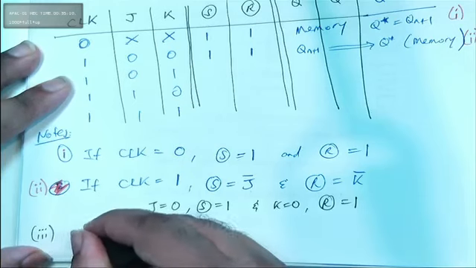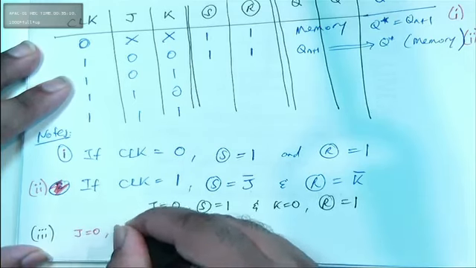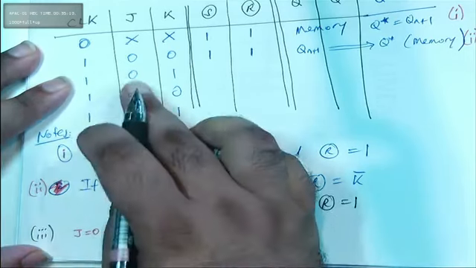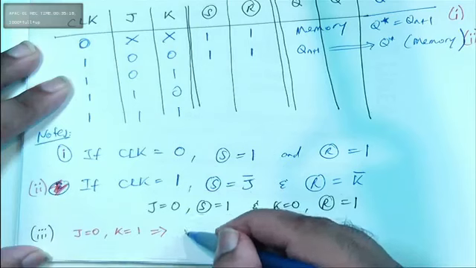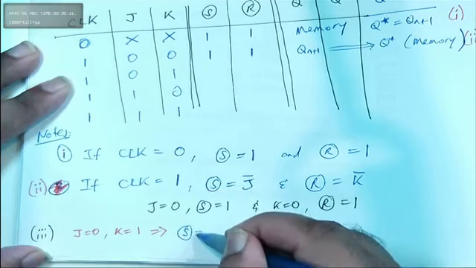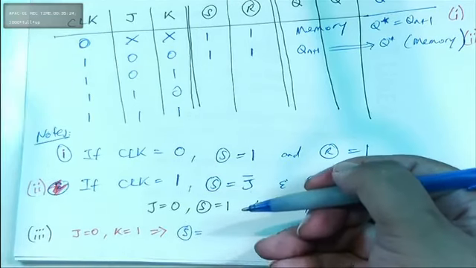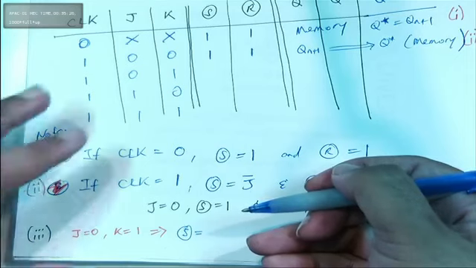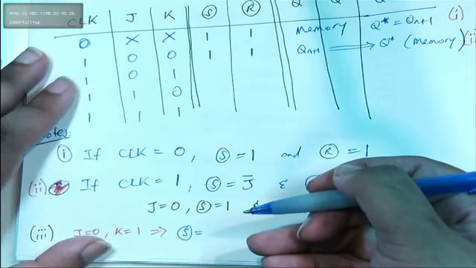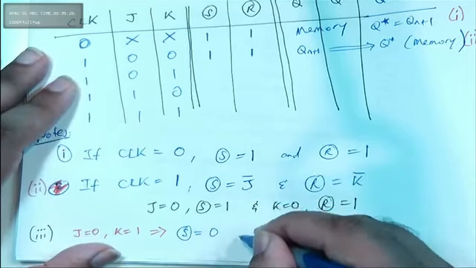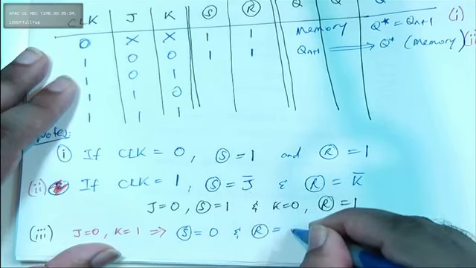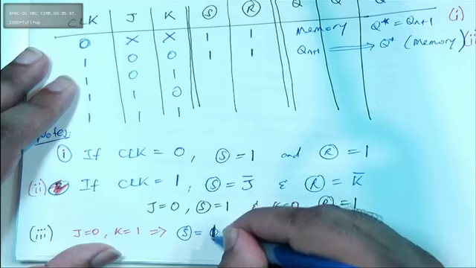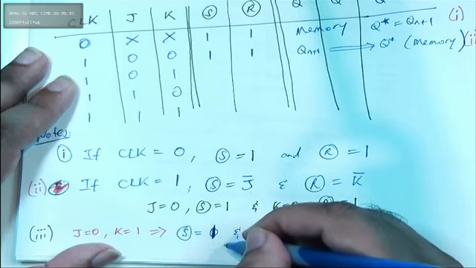Therefore, S circle is equal to 1, right?